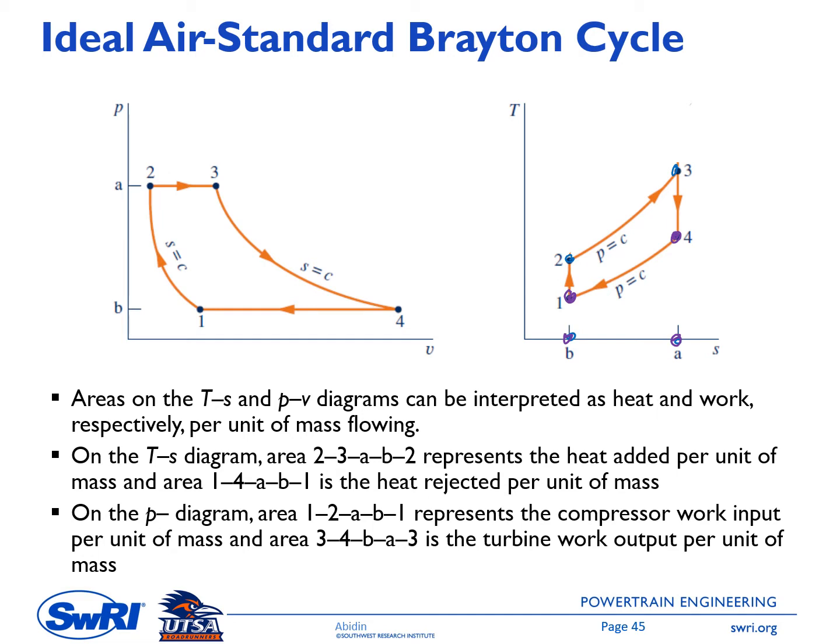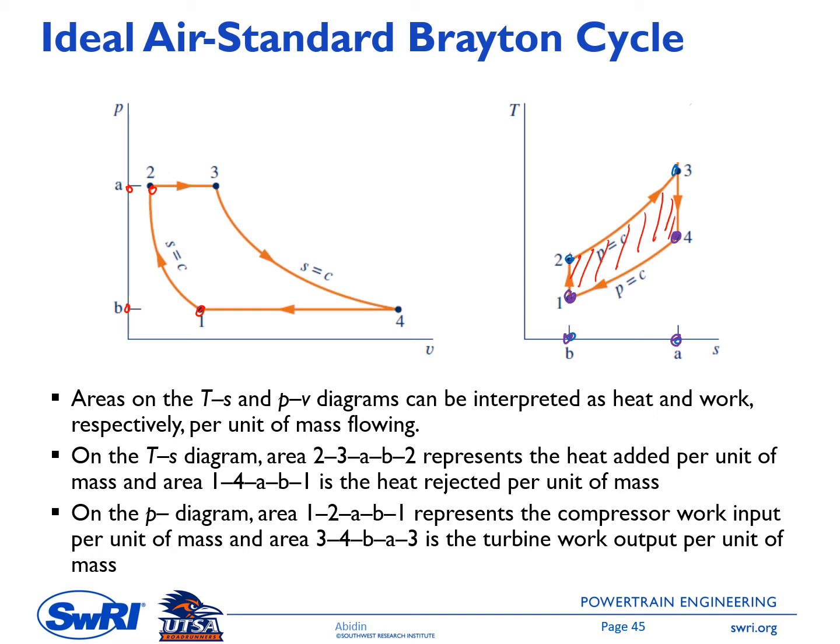Okay, let me put a pattern here. So this is the net heat, which is also the net work of the system. And then on the PV diagram, the area surrounded by point 1 and then 2, and then A, B, back again to 1, represents the compressor work input per unit of mass flowing.